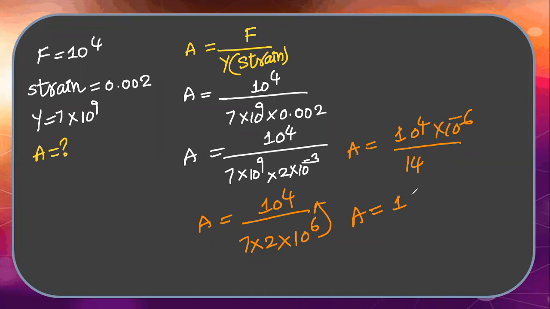That I am writing as 100 divided by 14 into 10 power minus 4. Otherwise 1000 by 14, we have to take 10 power 4 as 10,000, 10 power minus 6.